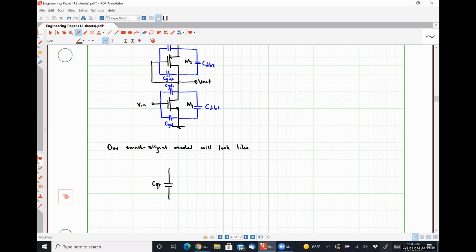So here's CGS2, GM2, VSG2, parallel with R out 2, parallel with CDB2.